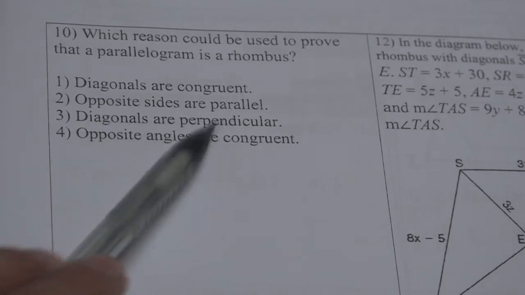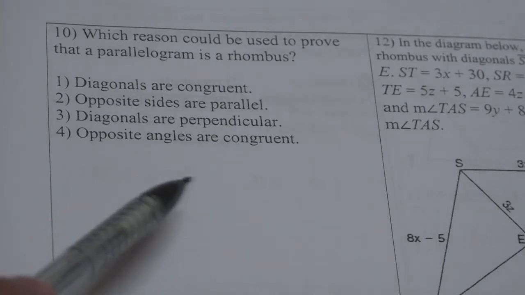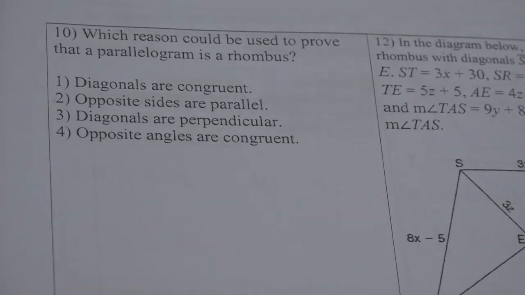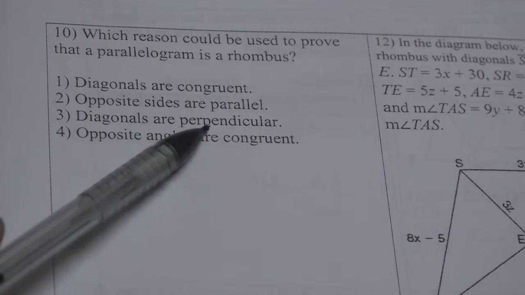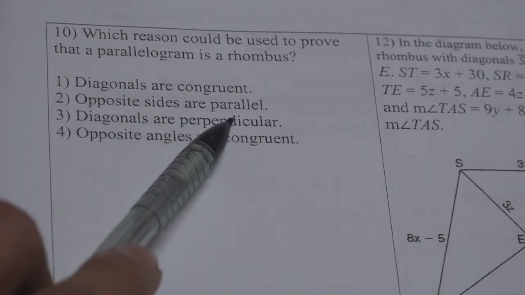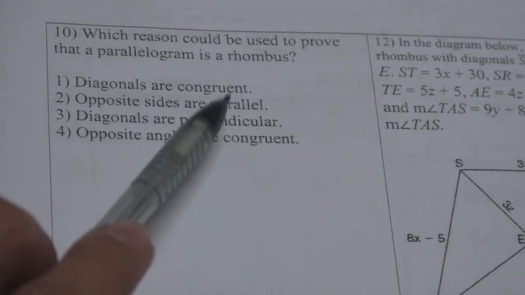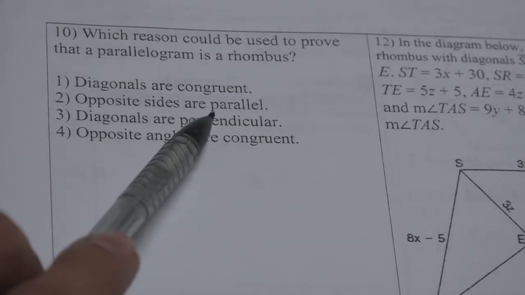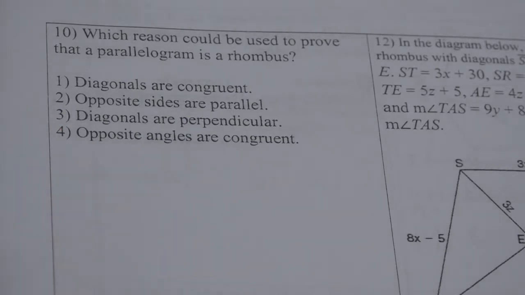Opposite sides are parallel. Yeah, but in a rectangle, in a square, in a parallelogram, opposite sides are also parallel. So no, this is not enough. I mean, it could be, but it's not. I need detail, and I need exact evidence that I'm certain that that is a rhombus.